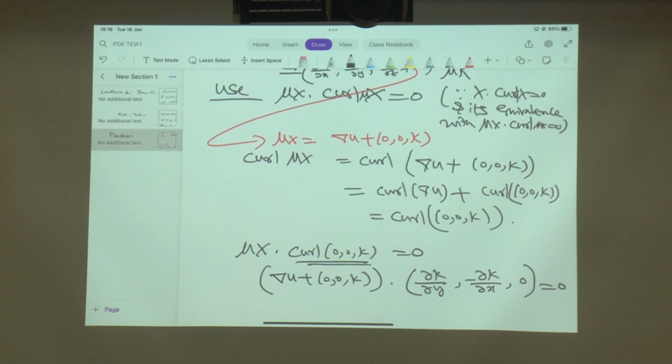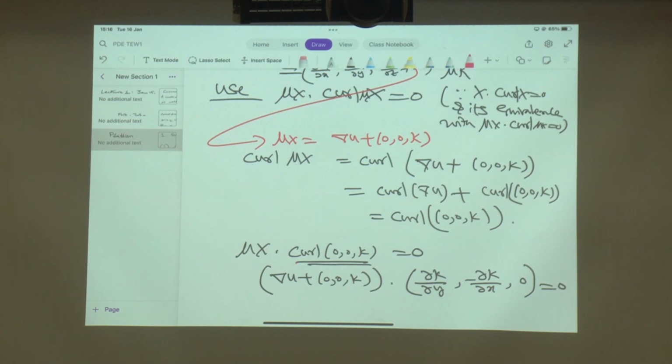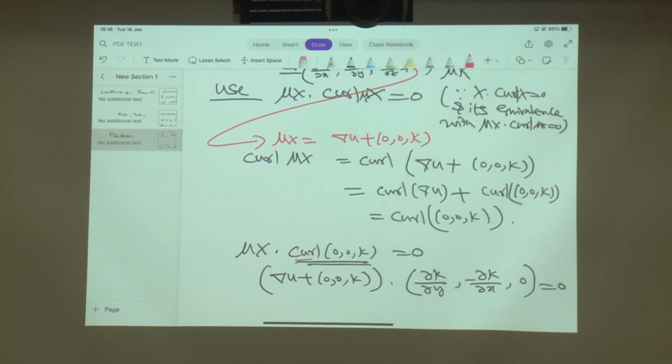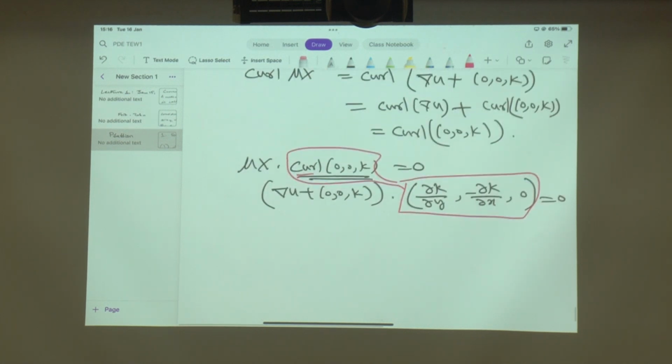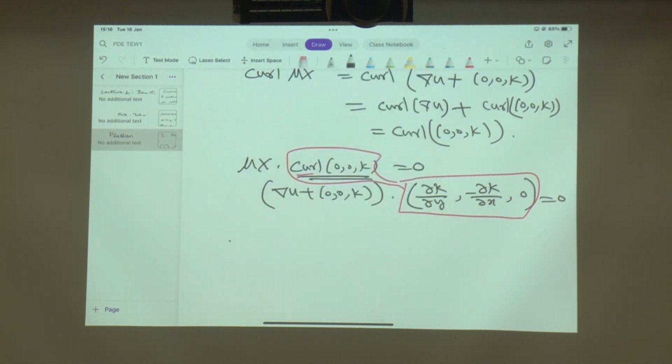So this is equal to this. Please do the computation. So mu x dot curl mu x is 0, and we got this relation.